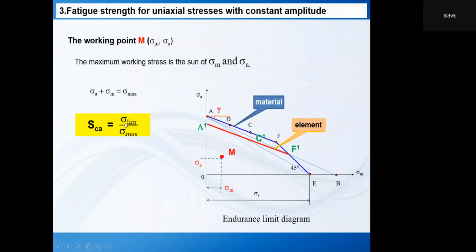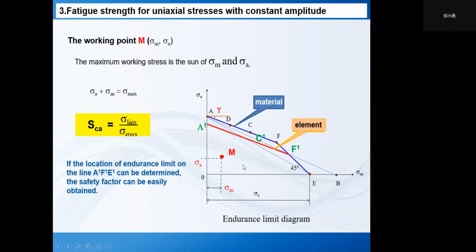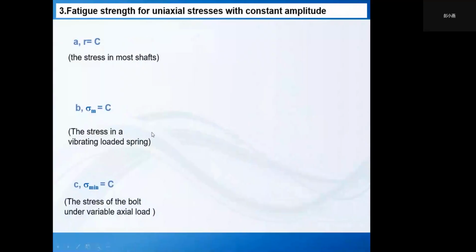So we should know the sigma limit, which means the endurance limit, okay? And once the location of the endurance limit on the line A1, F1, E is determined, the safety factor can be easily obtained, okay? And then we consider it in 3 cases.